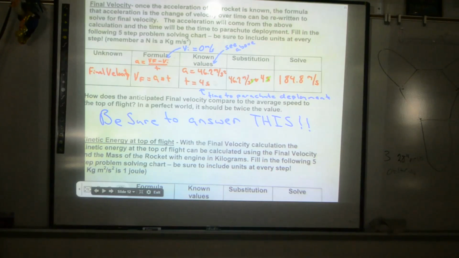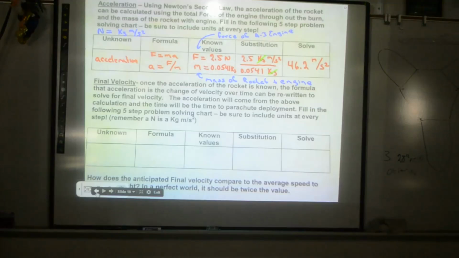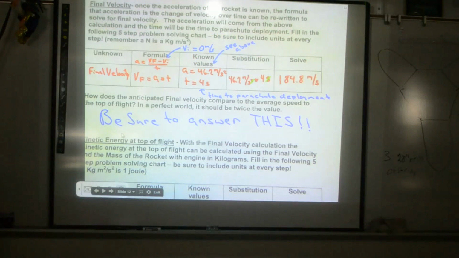If you remember in class when we were talking, the calculations for the velocity actually came from our calculations for acceleration, and both of these were taken from our mass and the force. So none of these values take into effect the air resistance outside. The final velocity here would be if we launched this with no air whatsoever.